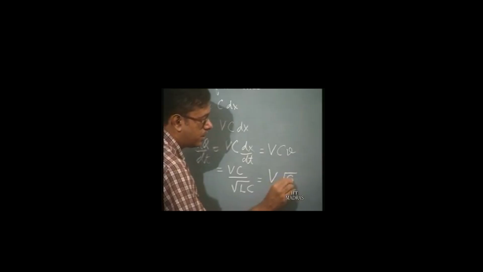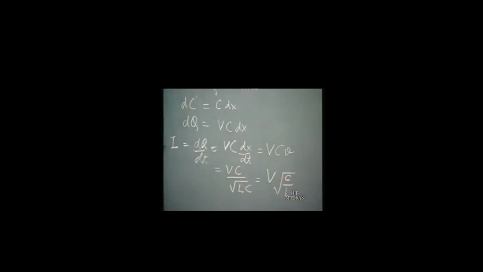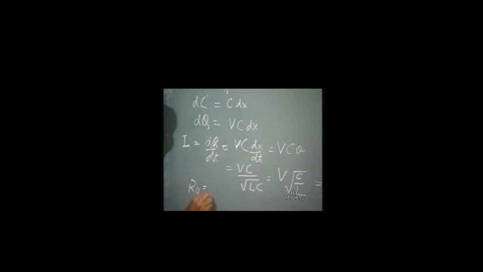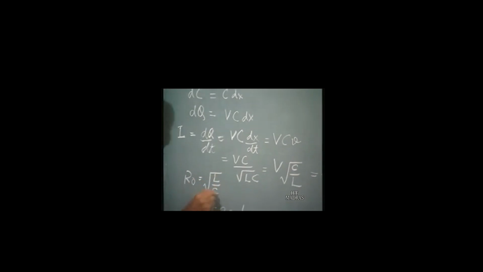So this gives us V C times 1 by root LC, which is V root C by L. Now if you write I as equal to V by R naught, we can see that R naught is equal to root of L by C.